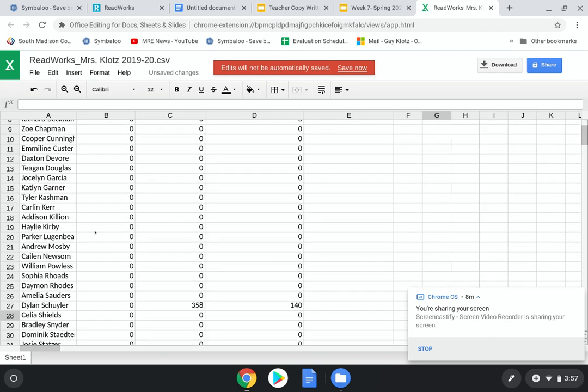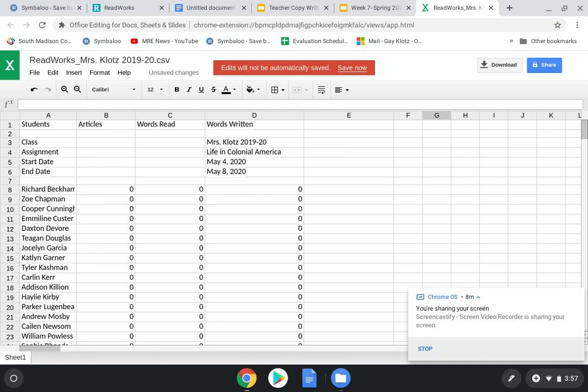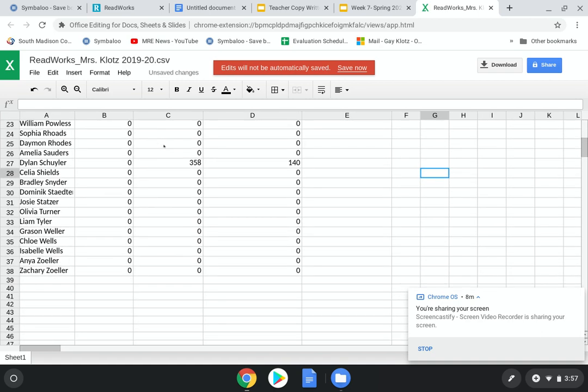It'll also tell you the number of words that you read. So in this article, and I'm using Dylan as an example, it told me that Dylan, in that article about the cures in colonial times, read 358 words.